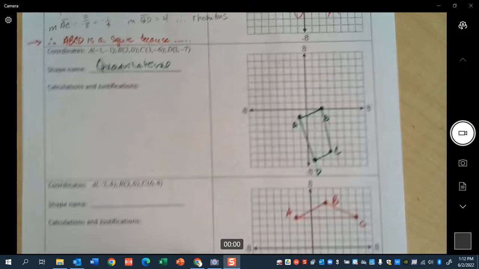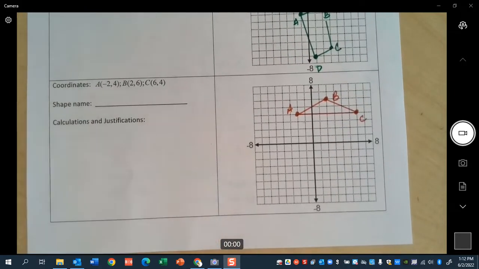All right, when we take a look at this one, what is the name of the shape? It's a triangle, but what kind is it? It's isosceles, and we know it's isosceles because it looks isosceles, but what if I needed to prove it was isosceles? Distance of, like, BC.